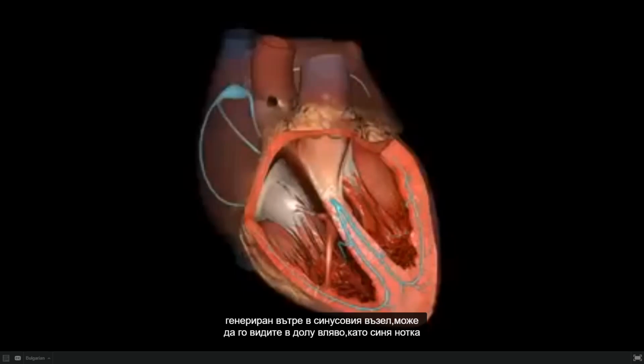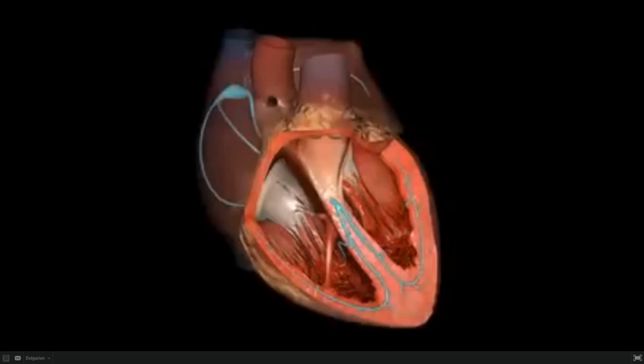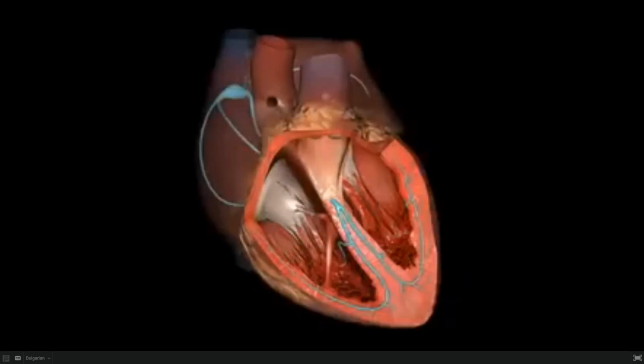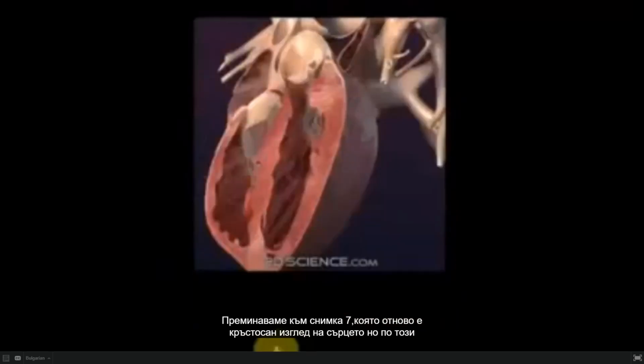On that picture, it is visible on the left bottom like a blue knot. And then from this blue knot go different blue lines. This is the path to different parts of your heart. In other pictures it is more visible for you. Then we go to picture 7.